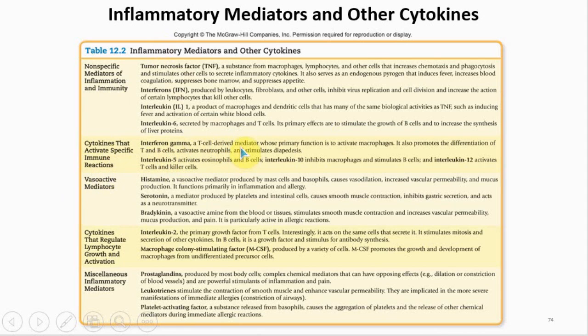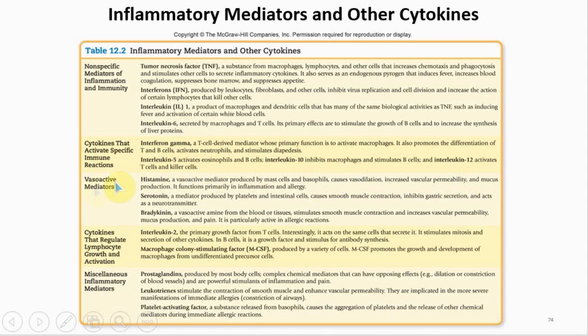It is very important in the differentiation of T and B cells into memory T cells and memory B cells and cytotoxic cells and those sorts of things. Also stimulates diapedesis, which is the movement of the cells out of the blood into the tissue, right? Interleukin 5 activates eosinophils and B cells. Interleukin 10 inhibits macrophages. Interleukin 12 activates T cells and killer cells.